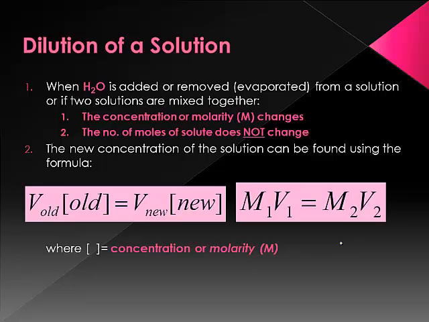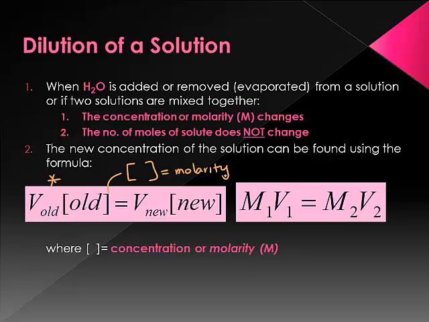And this brings us to one of a couple of forms of a dilution formula. One form happens to look like this. This is what the textbook happens to use if you look at your Hebden. So the V old, where the square brackets mean concentration or molarity, equals the V new times the new concentration or molarity.